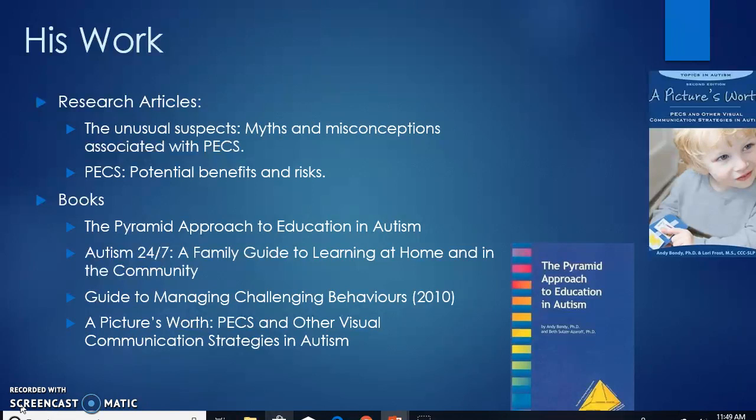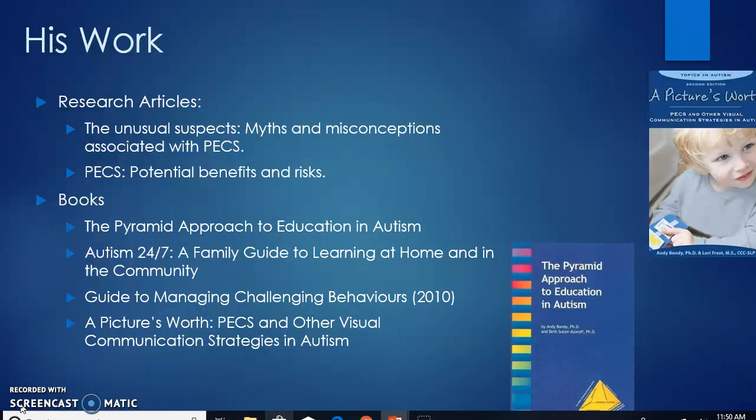For example, if they want a cookie and they don't have a picture of a cookie, they can pick something that's circular or brown, and they can say, "I want brown circle," and then the family or the behavioral technician can generalize that and say it's a cookie and give the individual a cookie.